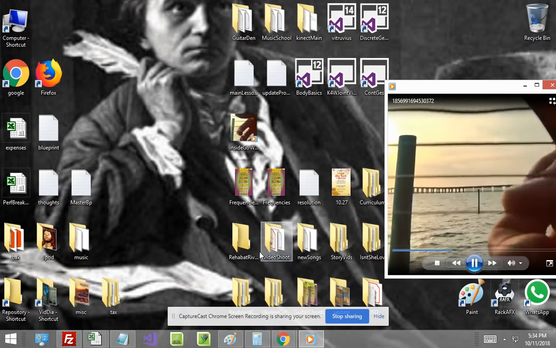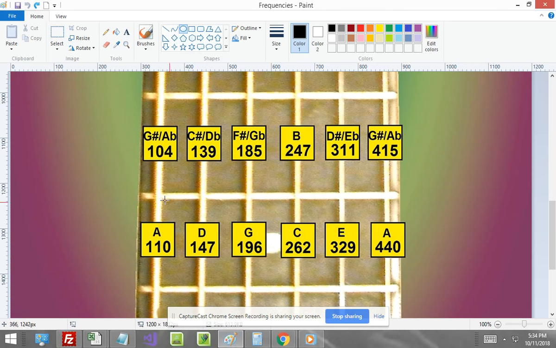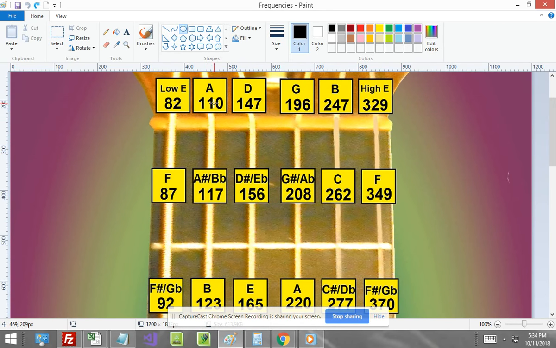See how that string is wobbling 82 times per second? This string wobbles, A is wobbling 110. The higher the pitch, the more frequently the strings wobble.